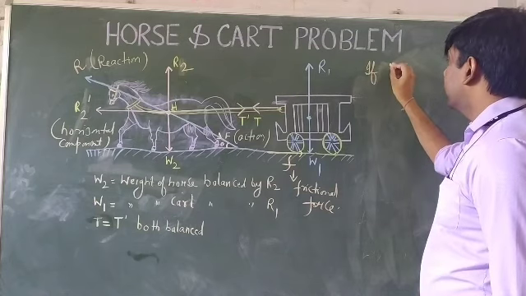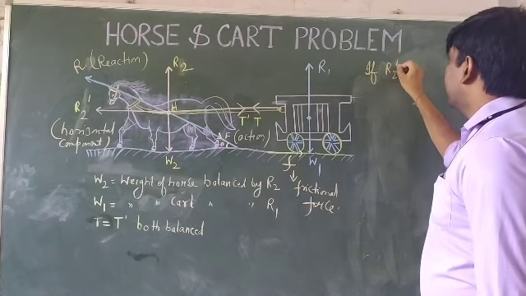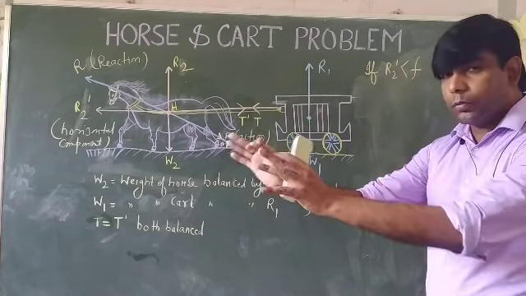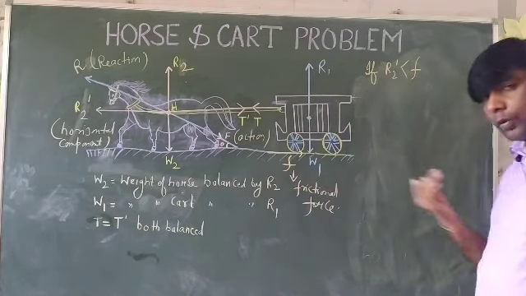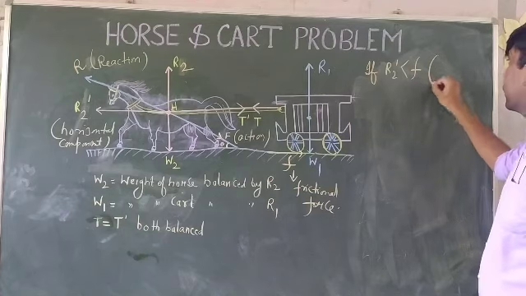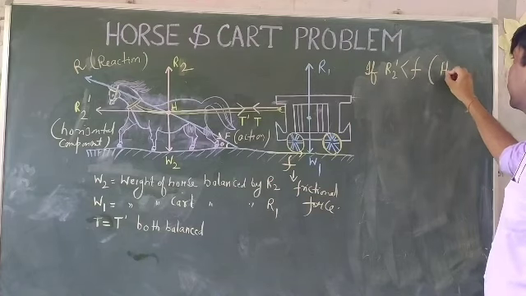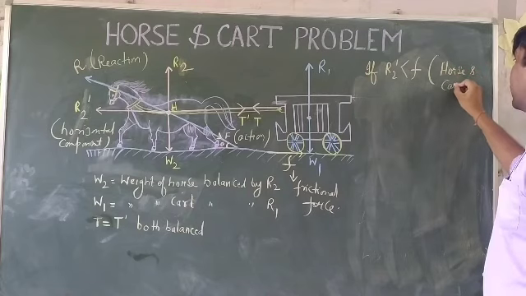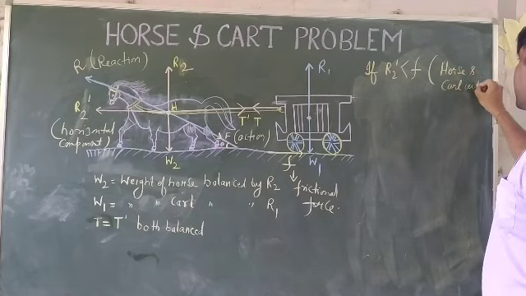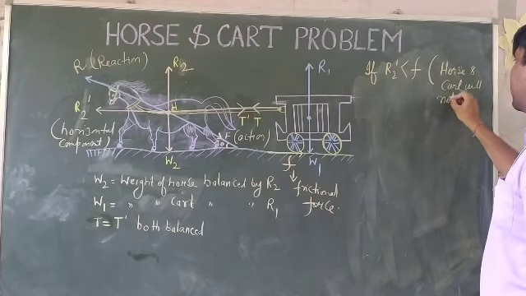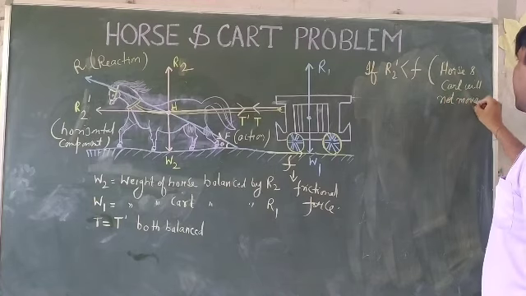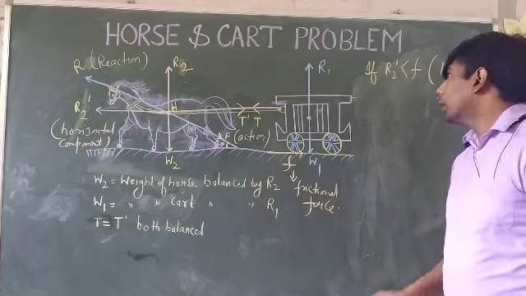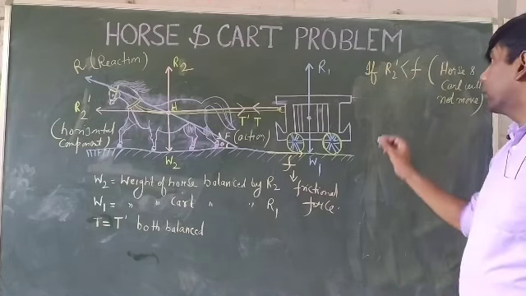If R2 dash is less than F, where R2 dash is the horizontal component which helps to move and F is the frictional force which opposes the motion, then when the frictional force is greater than the moving component, it will not move.